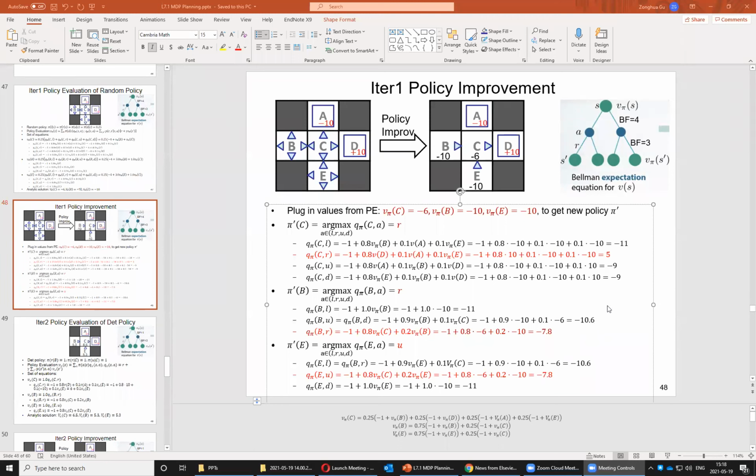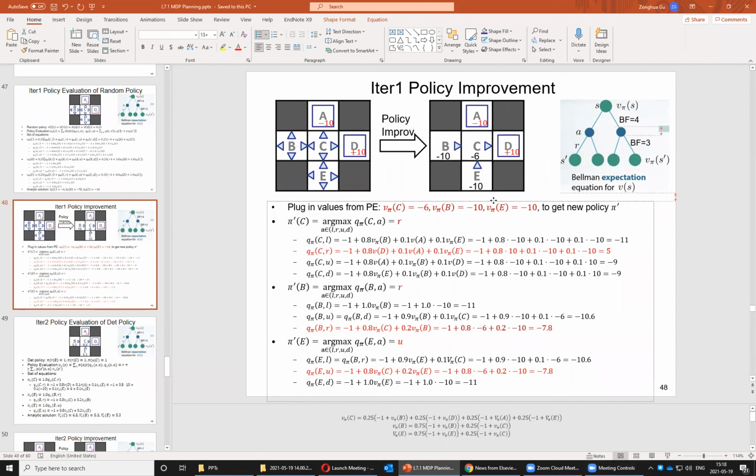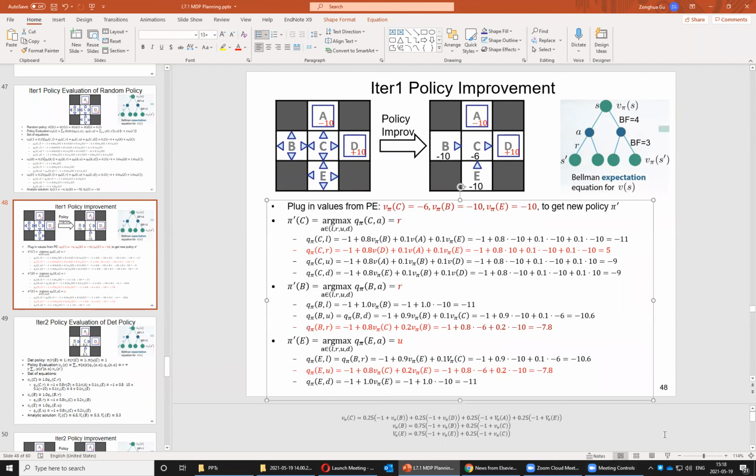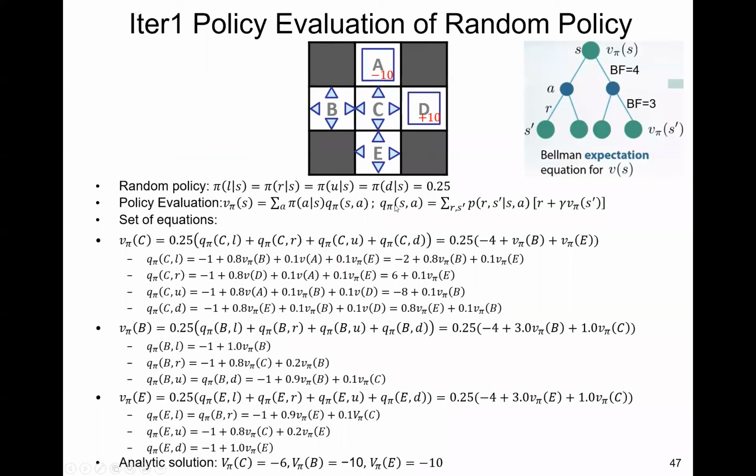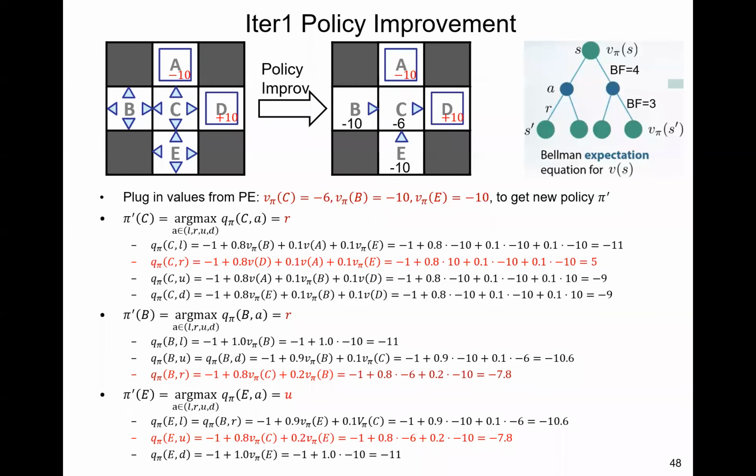Okay, we're back. So I just fixed the calculations on slide 48. The calculation should be based on the branching factor of 3 from every state action node.